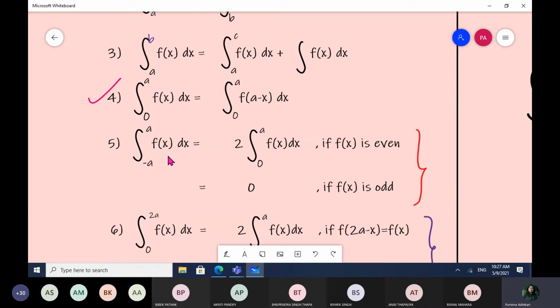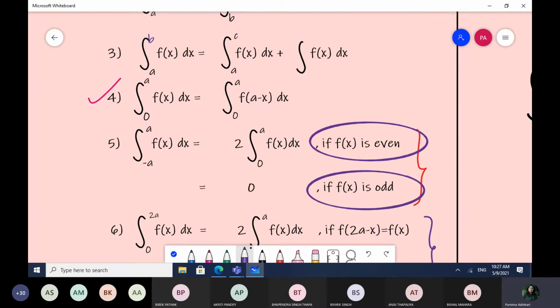For using this property, we have to check whether your function is even or odd. So what does it mean? Can we apply this property for any function?